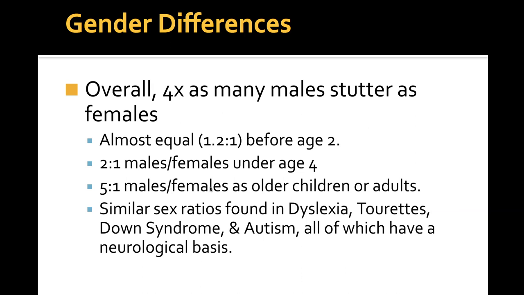They're going to recover. It's going to be the boys who are less likely to recover. So by the time they're adults, we're at a 4-to-1, 5-to-1 sex ratio here. And that's a pretty similar ratio. That 3-to-1 to 5-to-1 is going to be found in other speech language learning disorders.